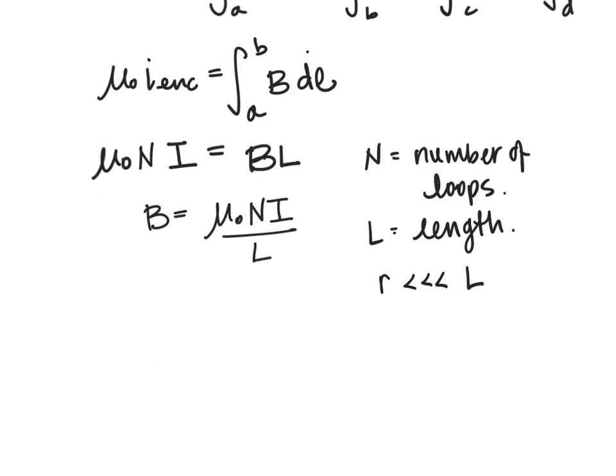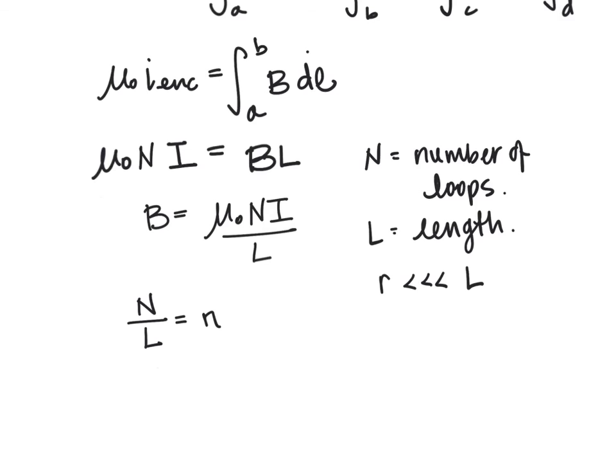So again, think about the springs that we've used in lab before that are small, tightly wound springs. And so this number of loops per length is sometimes written as little n.